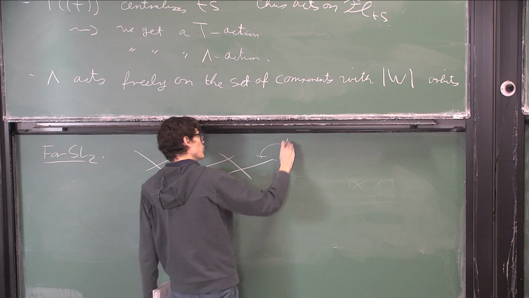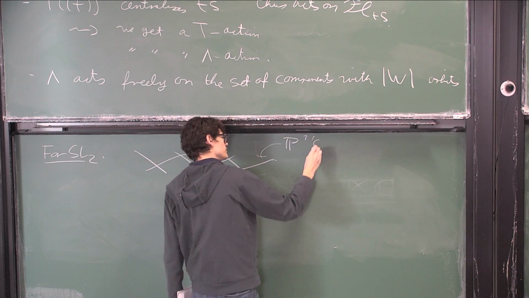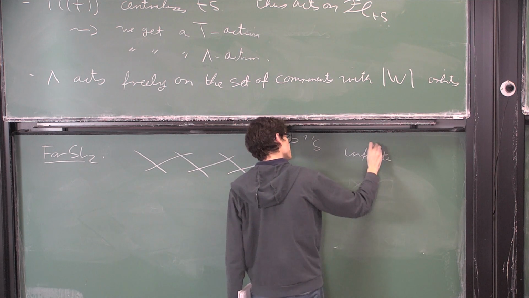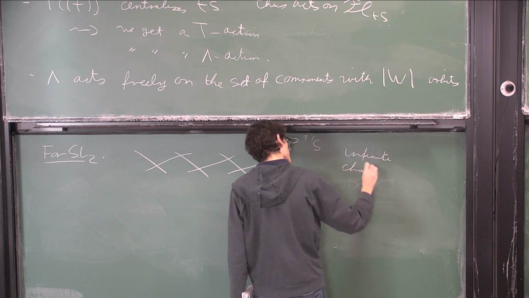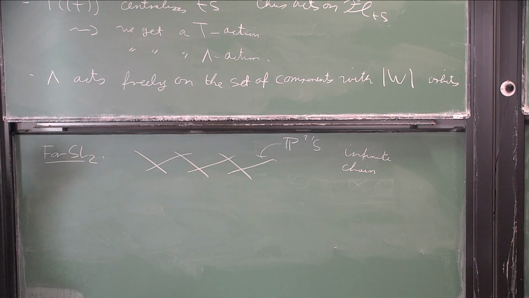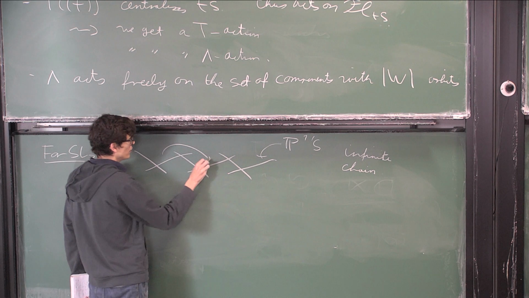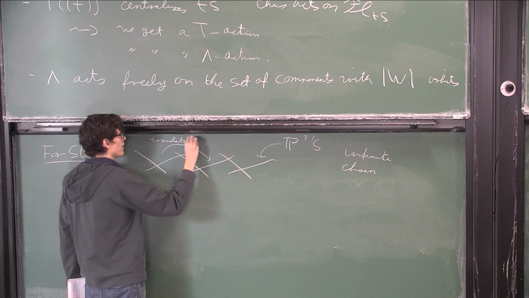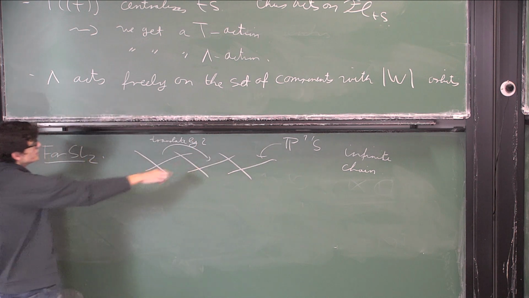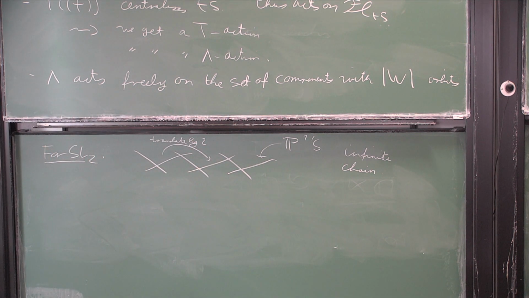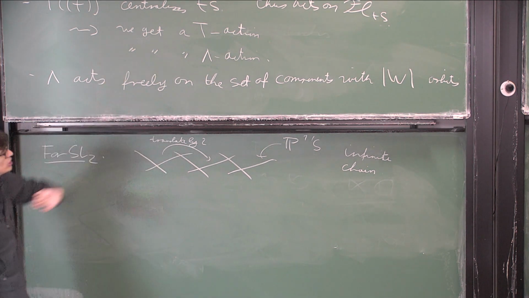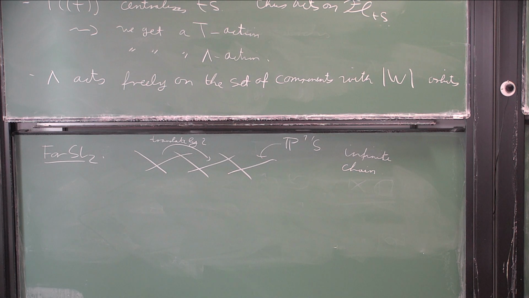So these are all P1s. And what does the lattice do? The lattice translates by 2. It translates one of these components by 2, so that there are 2 different P1s up to the action of this lattice.